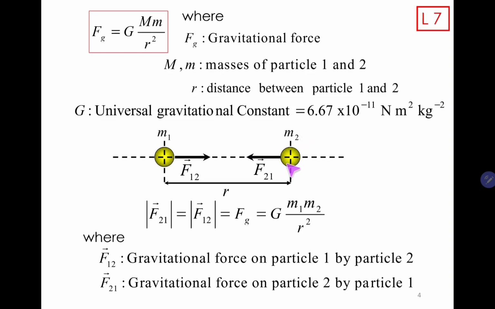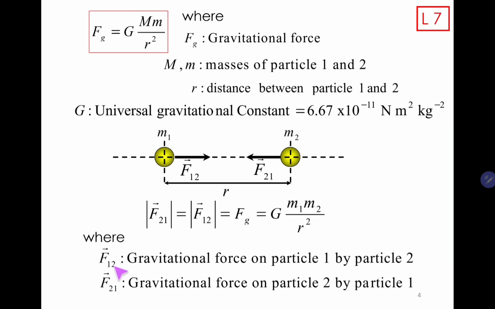According to the gravitation principle introduced by Newton, these two bodies will attract each other. So the forces exerted on them are F12 and F21. They attract each other, caused by gravity. So what do F12 and F21 mean?